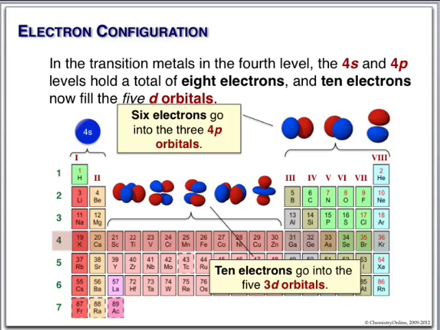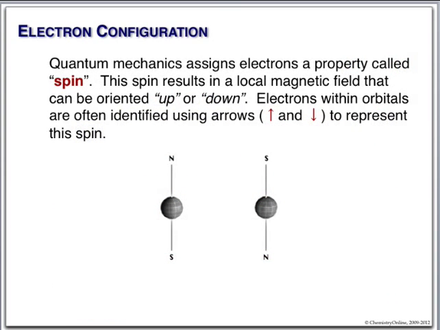Now I said that every orbital can hold 2 electrons, right? These are very special. Something called Hund's law tells us that electrons have a quantum property called spin. Now they're not really spinning, but they kind of look like, or they behave like they are.